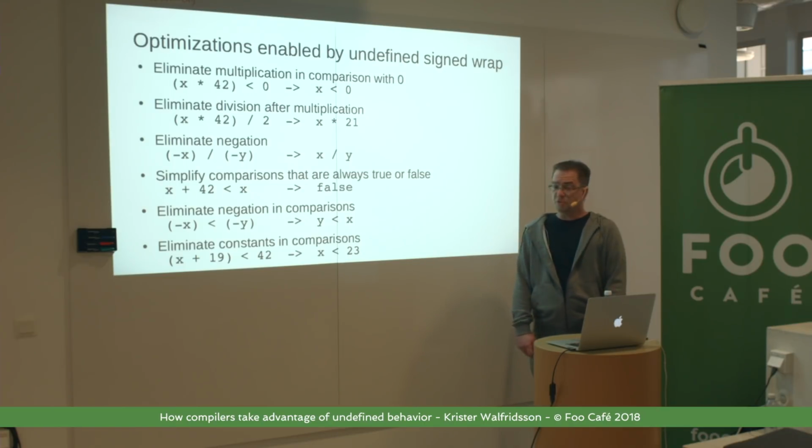And it's possible to write programs so this doesn't matter at all. Some programs make it matter a lot. So that is why compilers do this. But this is one of the rules that many people now try to get rid of, and there have been discussions in the C++ committee to actually make wrapping defined, even though it doesn't seem to happen. But it also makes it easier for the compiler.